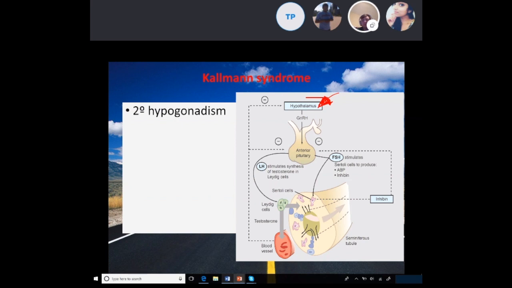So again, it's hypogonadotropic hypogonadism. These particular areas in the hypothalamus don't migrate to where they need to. That means there's no gonadotropin-releasing hormone, and in turn, no FSH, no LH, and everything downstream does not get made.